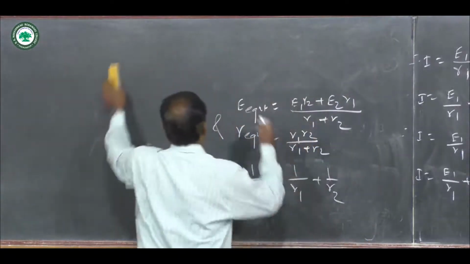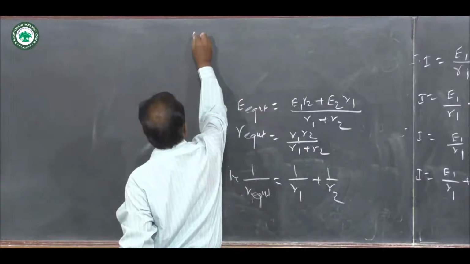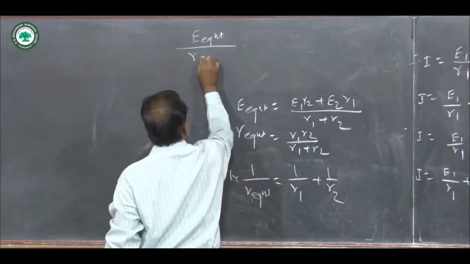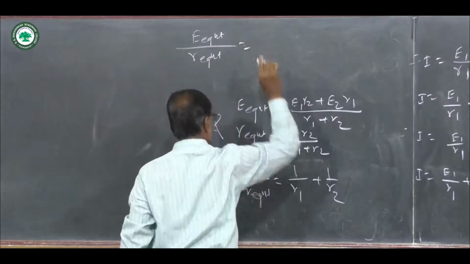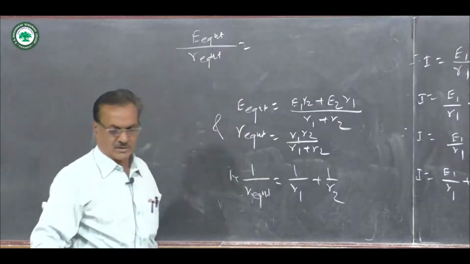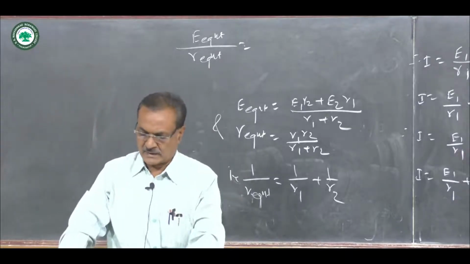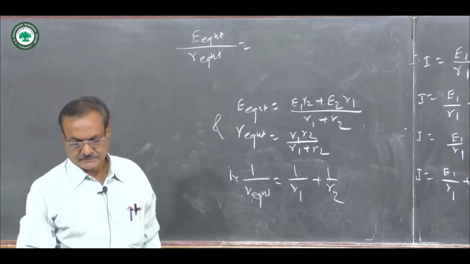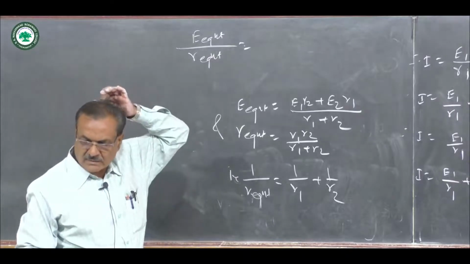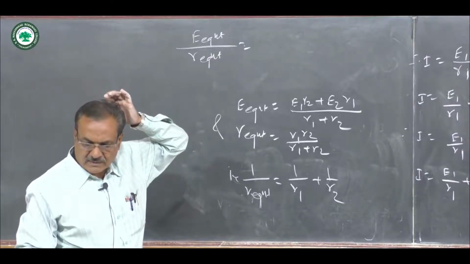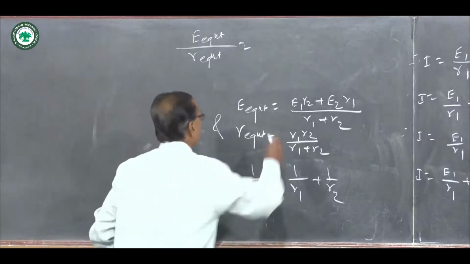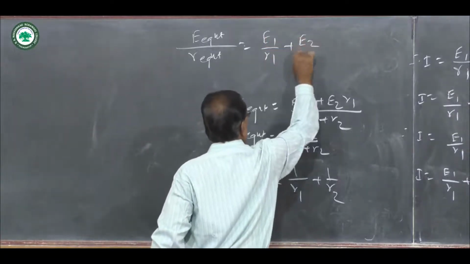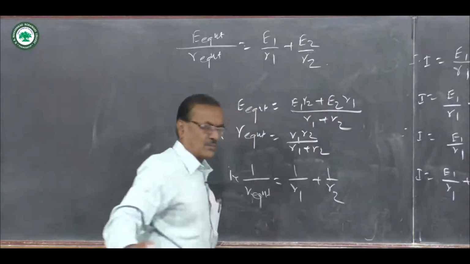So in this way, now take the ratio of E equivalent and R equivalent of both of these. E equivalent upon R equivalent: if we take it, then the common factors will get cancelled out and the remaining terms are E1 upon R1 plus E2 upon R2.